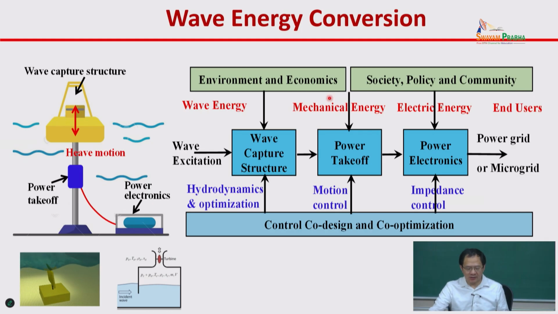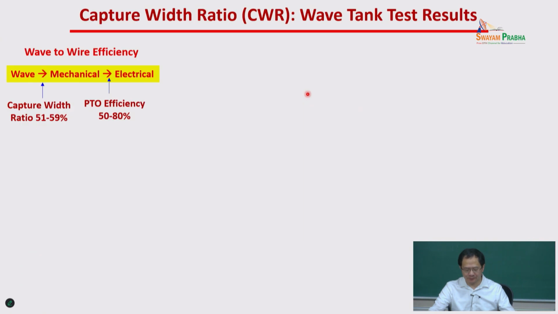In the second half today, we are going to talk about community, society, and environment for the design side. And recall that the capture width ratio is mechanical energy over wave energy.